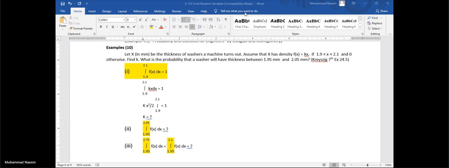You can also compare the course contents taught by the teacher. I have tried my best. I have completed all the contents. Even if you find some problem, discuss with me. Students are frequently asking. You can also ask me.